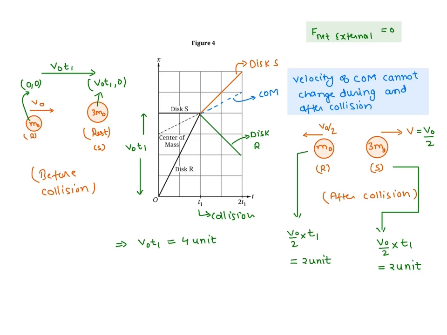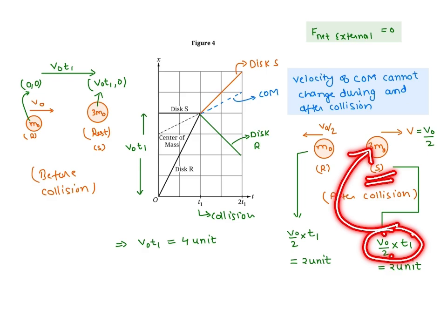So, what is the distance traveled by this 3m naught, which was moving with velocity v naught by 2 in time t1? So, velocity is v naught by 2 and time is t1. So, v naught t1 by 2 is the distance traveled by this 3m naught, which is nothing but this s.